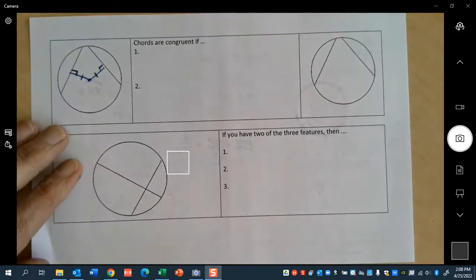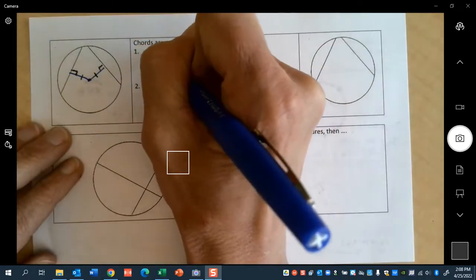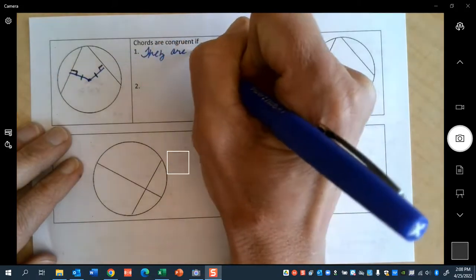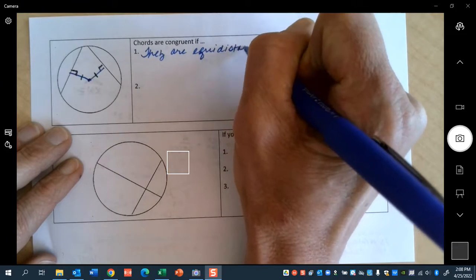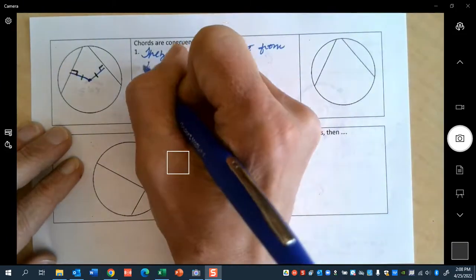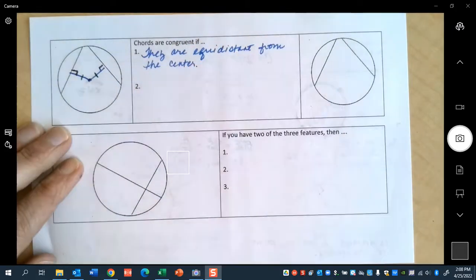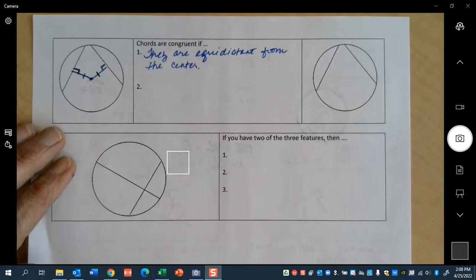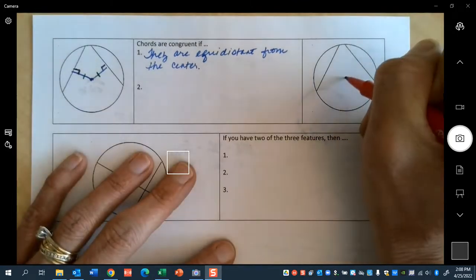They are equidistant from the center. All right, see if you can get this next picture.